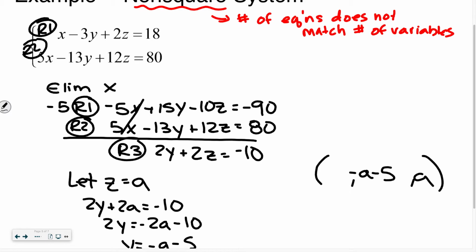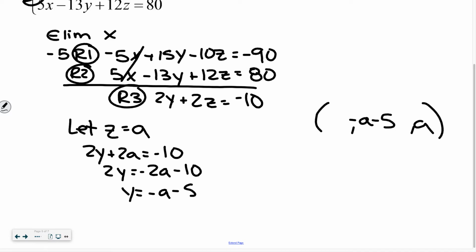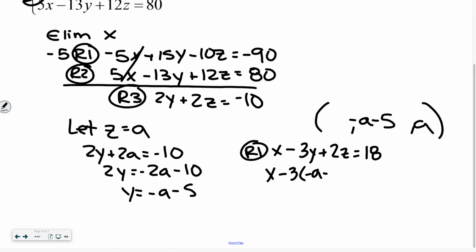use one of the first equations. So I'm going to use probably row 1. Will you guys read row 1 to me? X minus 3y plus 2z equals 18. Okay, so I can say x minus 3 times negative a minus 5 plus 2 times a equals 18. And I'm just cleaning that up so I can solve for x.